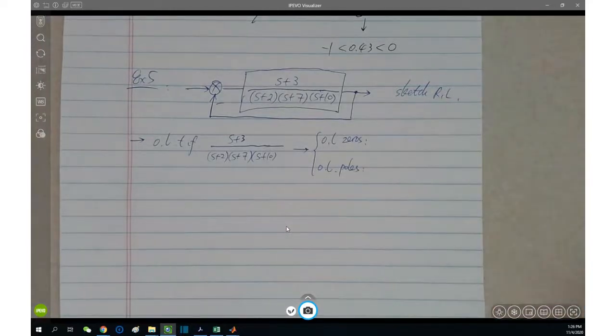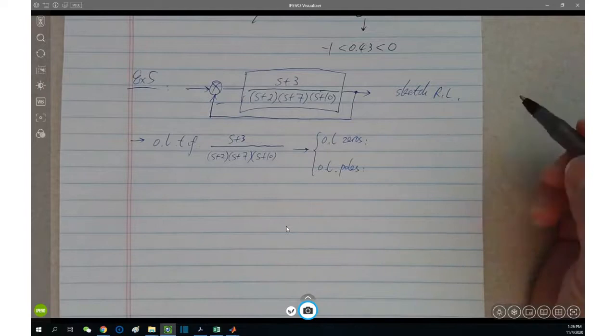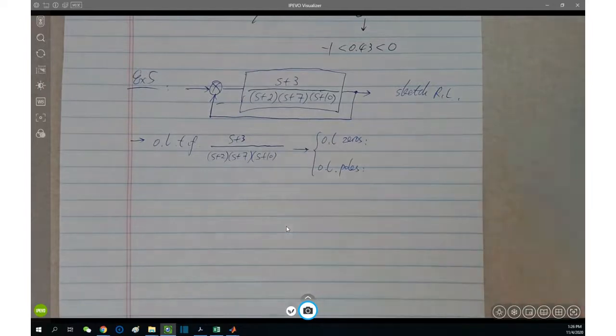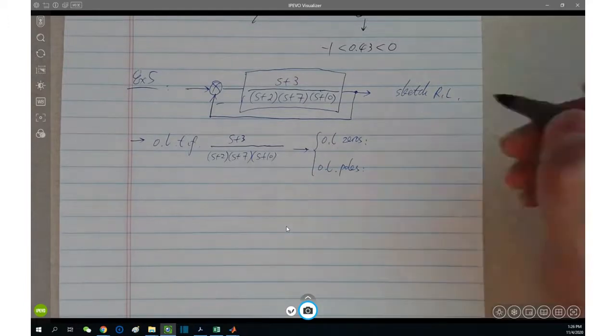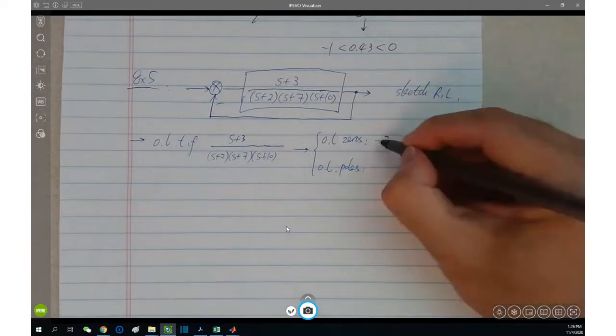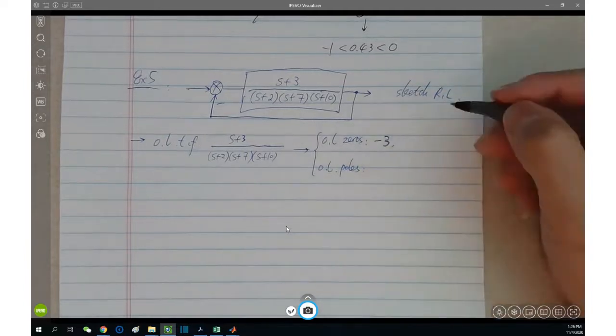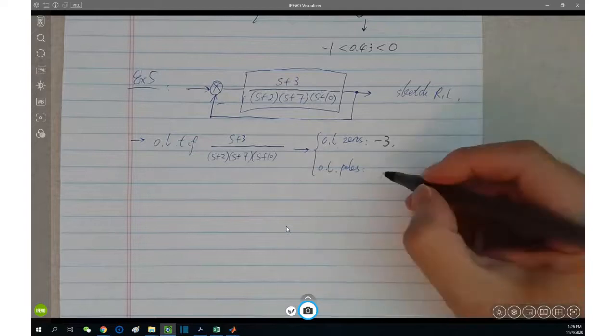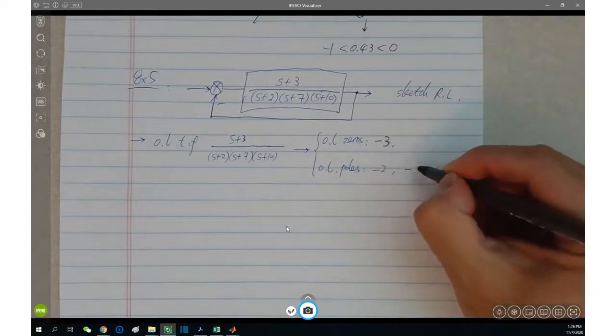What are the open loop zeros this time? And who are the open loop poles? And how many for each one of them? Zeros are -3 and poles are -2, -7, and -10.